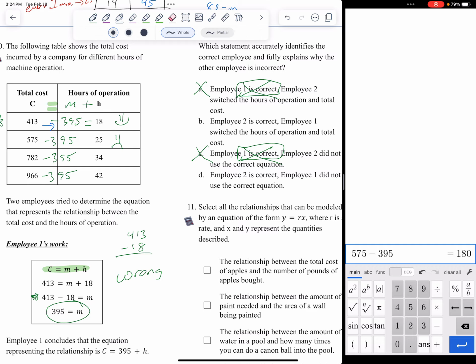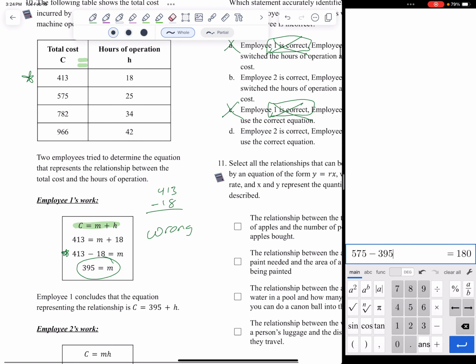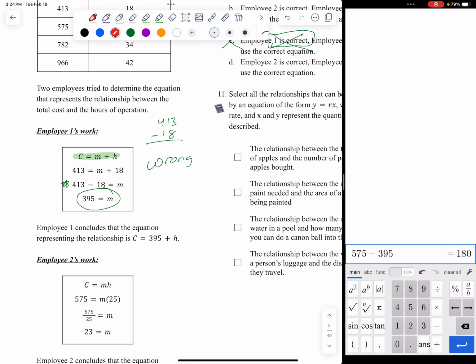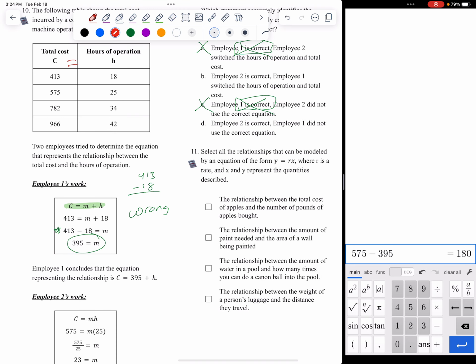So let's see what employee 2 does. Okay, employee 2, I'll do a different color here. Employee 2 said C equals M times H. So employee 2 is the second set.